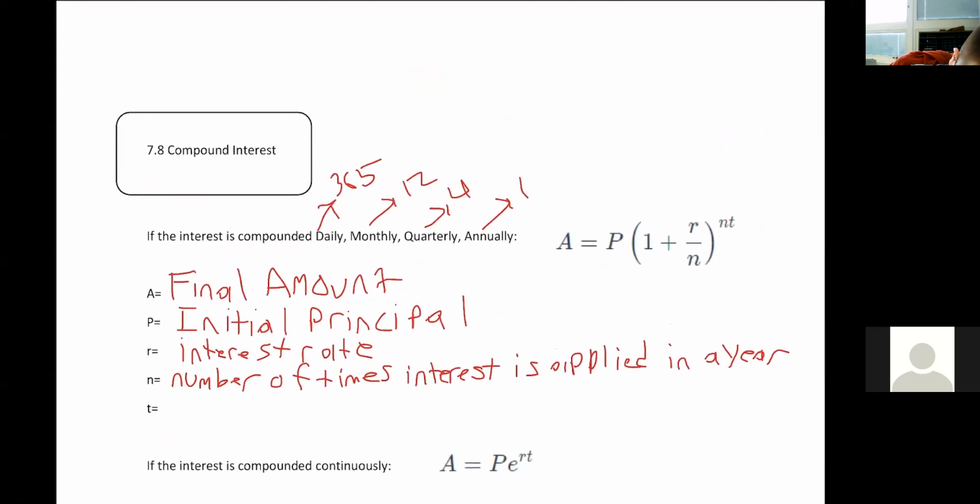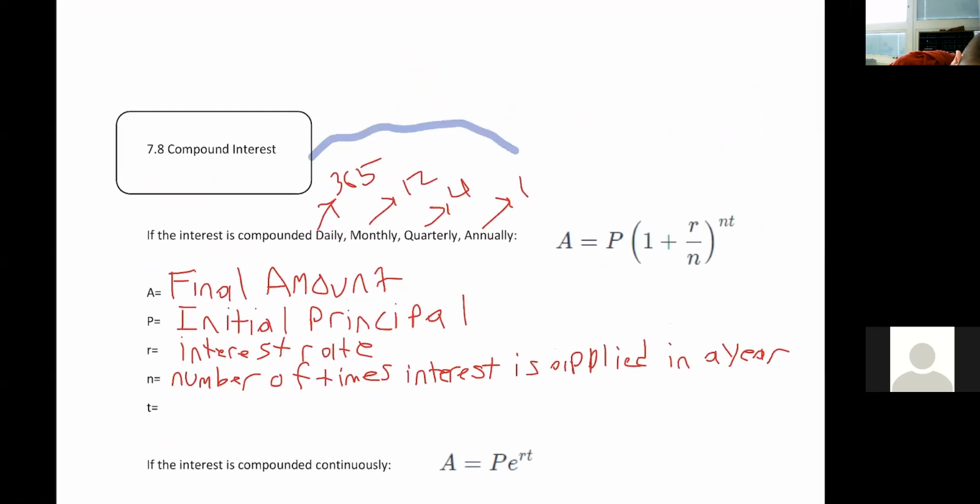I'm sorry for my chicken scratch. And just to make it clear, these are the n values. If they said your interest is compounded daily, your n would be 365. If they said it was compounded monthly, your n would be 12. So your n is going to change based on these words. And then T, finally, is just the number of years.